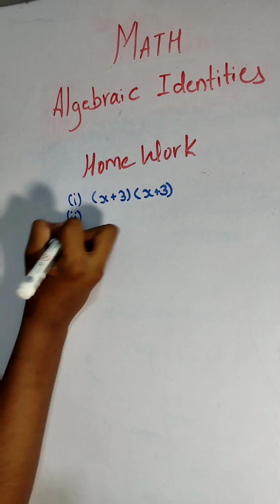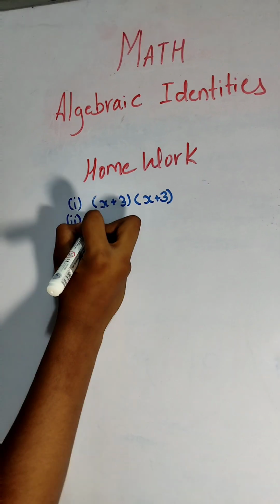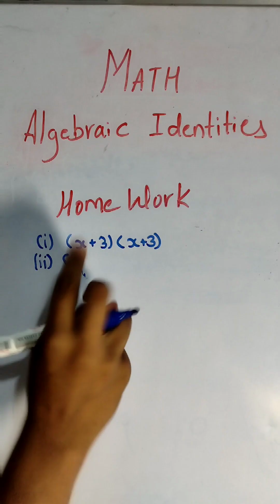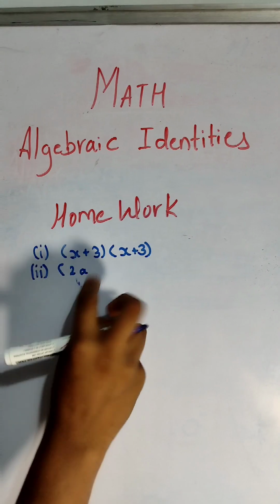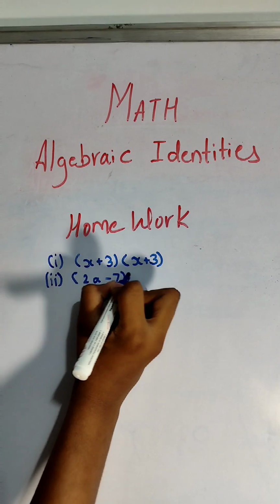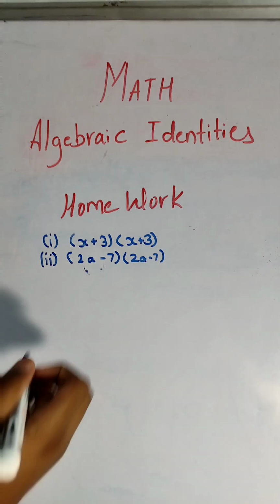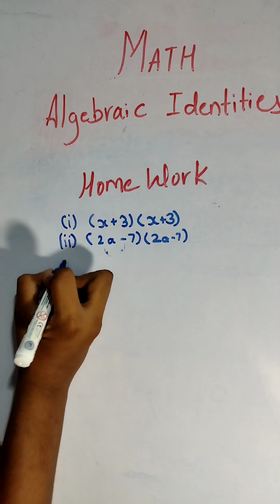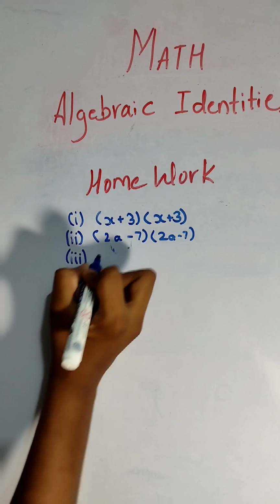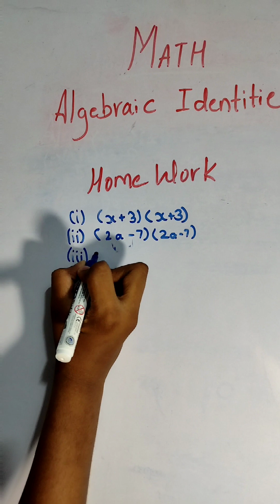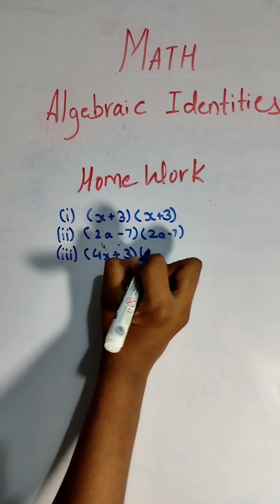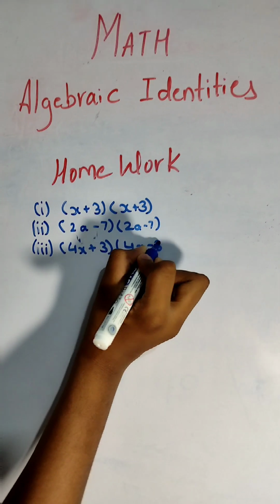The second homework will be (2a - 7) into (2a - 7). The third homework for you will be (4x + 3) into (4x - 3).